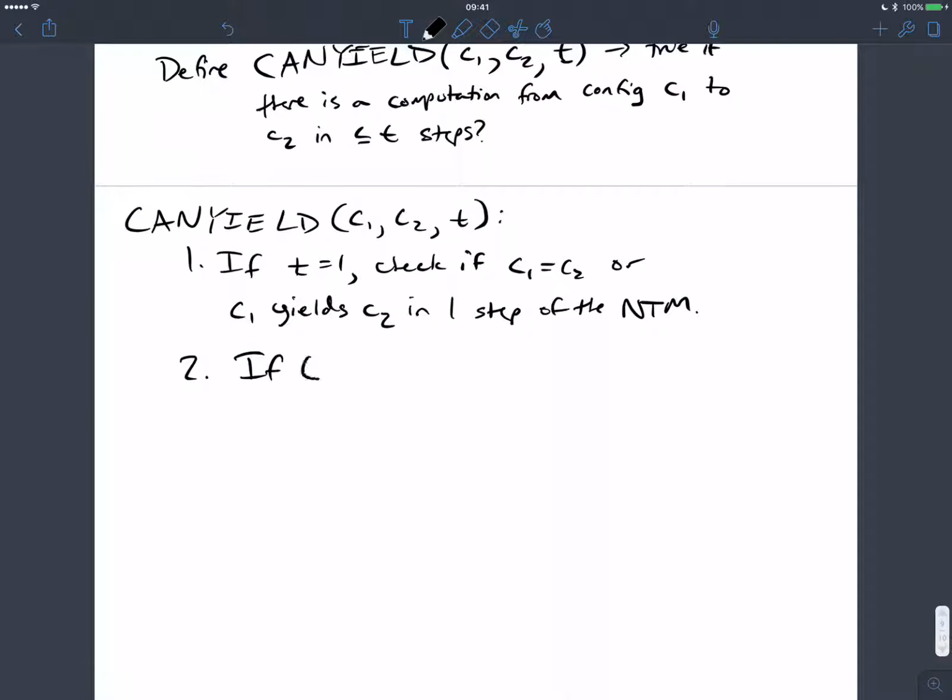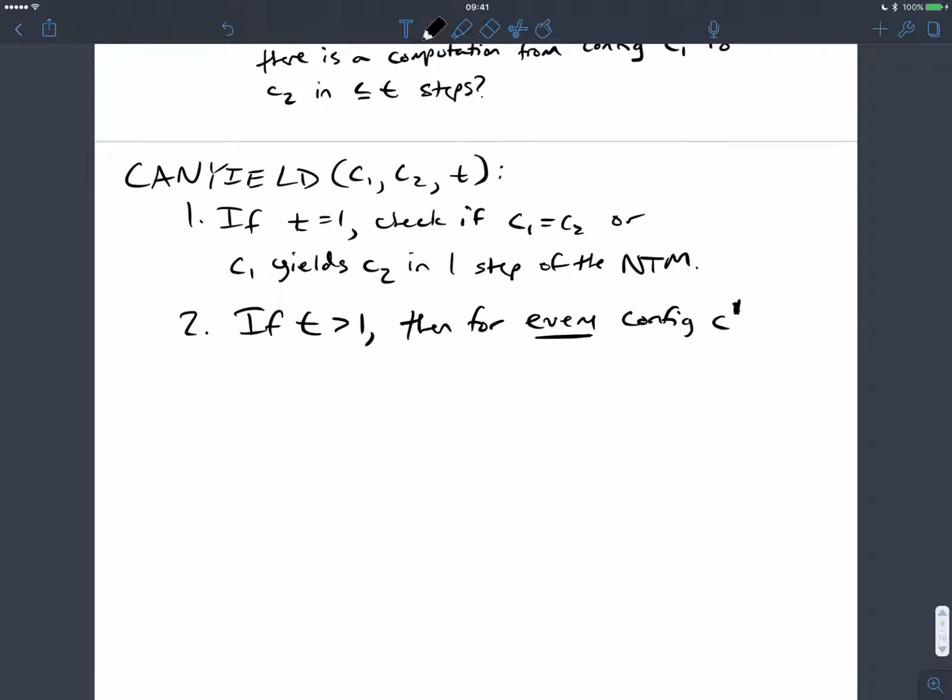So if T is more than 1, then for every config C prime of length, well, I better bound it by f of n, because there's no need to check anything longer than f of n, since I know that the machine runs in f of n space. That gives me a nice bound, so I don't use too much space.